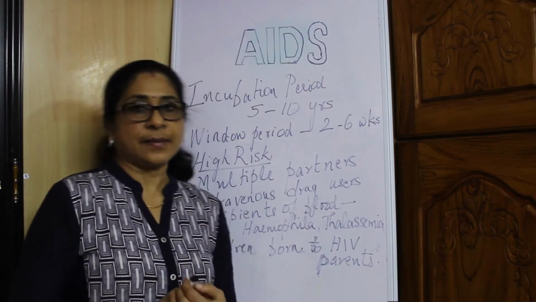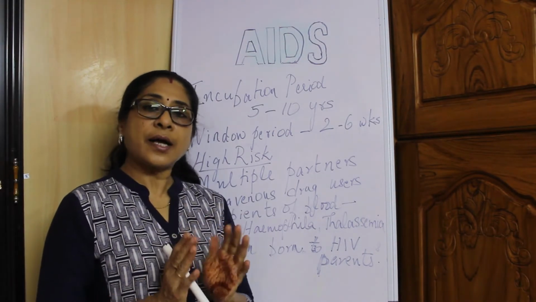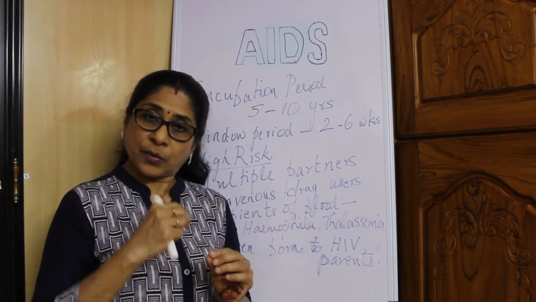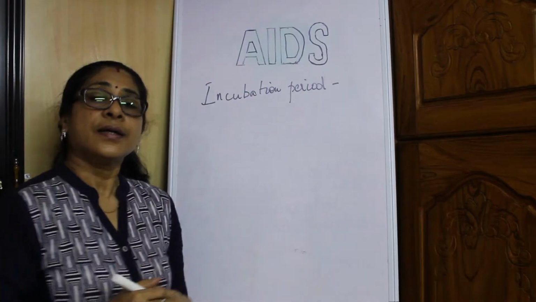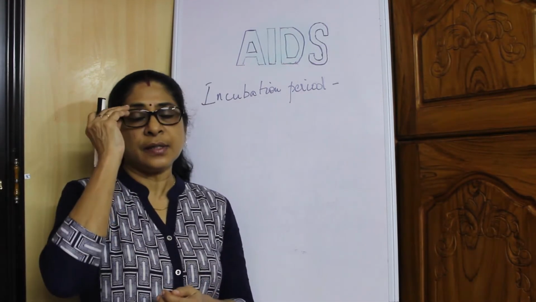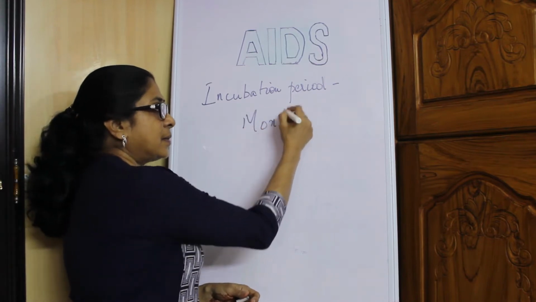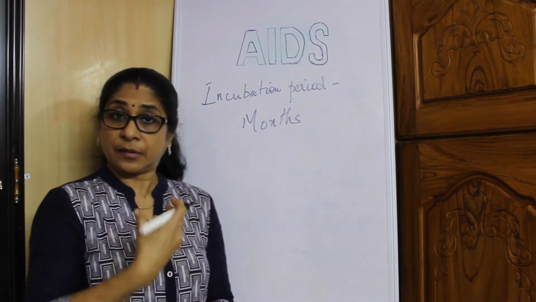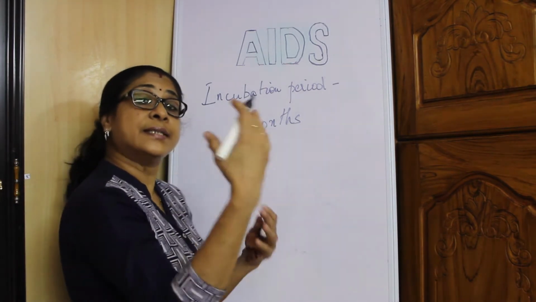Let us now discuss the incubation period, or the time taken for the virus to exhibit symptoms in a patient. The incubation period of the HIV virus may vary from a few months. Sometimes the symptoms may appear within a few months, and sometimes it may be prolonged to even 10 years.